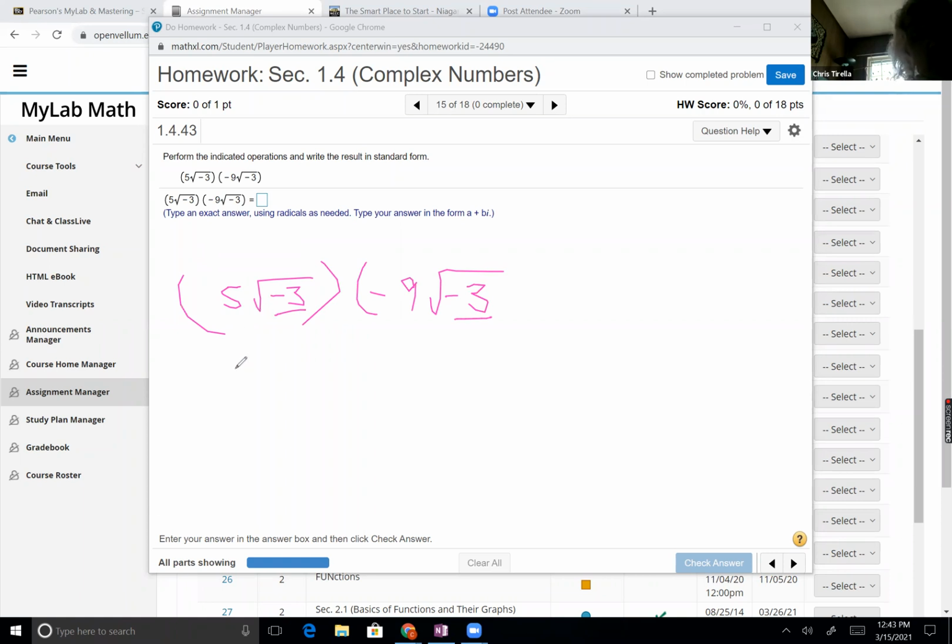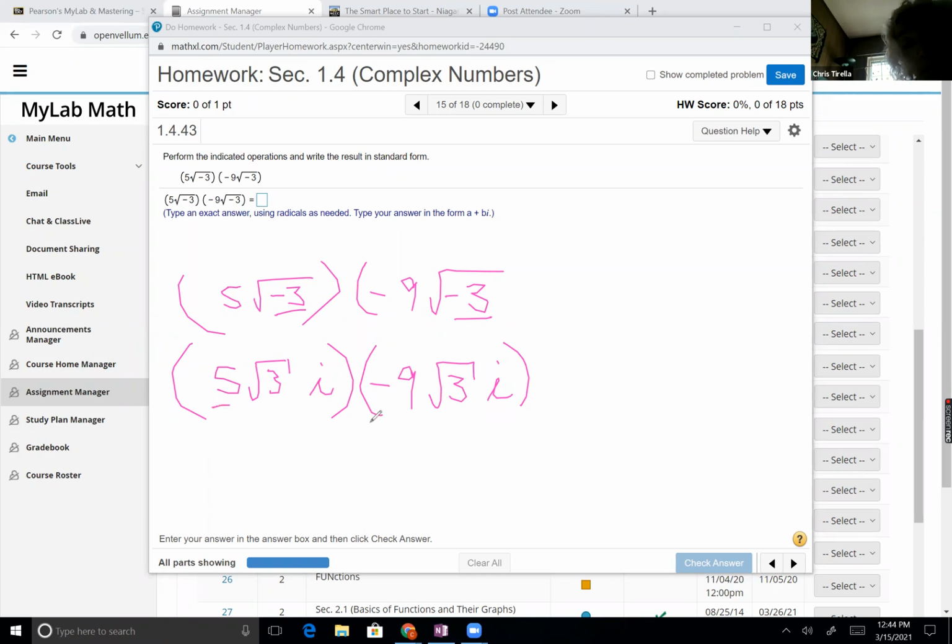And so I'm going to think of this as 5 times the square root of positive 3 times i. And I'm going to multiply that by negative 9 times, to take the square root of negative 3, we factor out that negative 1 and get also the square root of 3 times i. Are you okay?